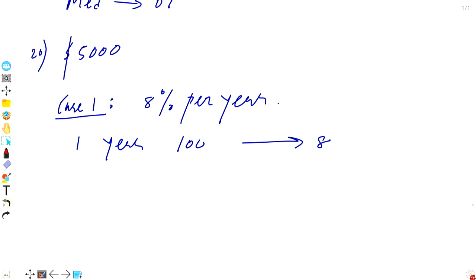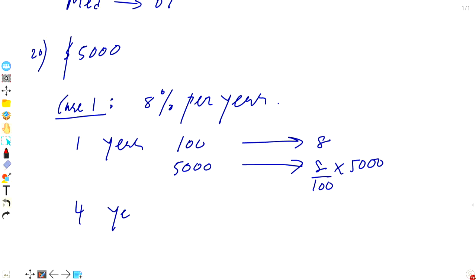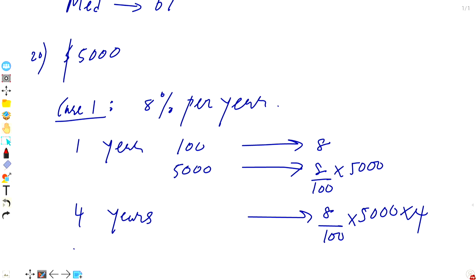For 1 year, if you invest 5,000, how much do you get? 8 divided by 100 times 5,000, yeah? This is for 1 year. So for 4 years, it would be 4 times, yeah. So that is the answer to that one.